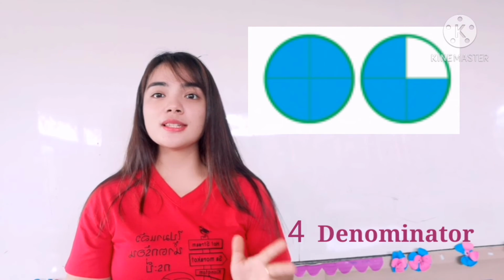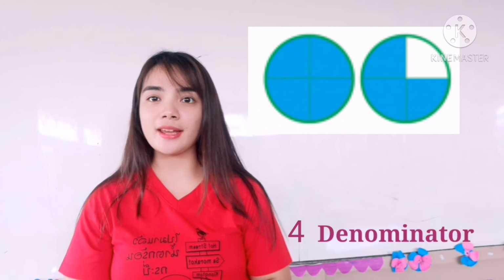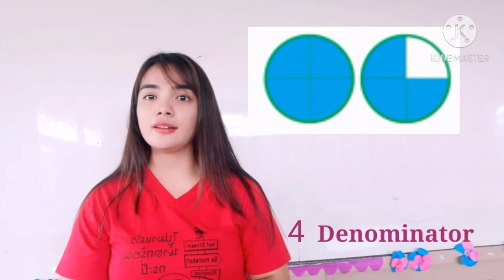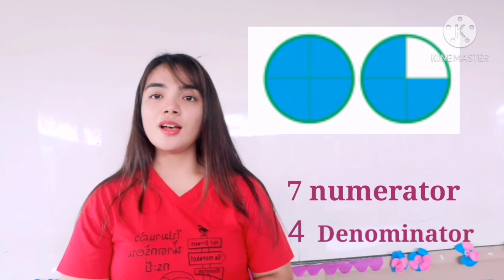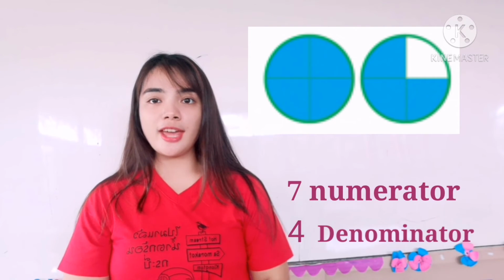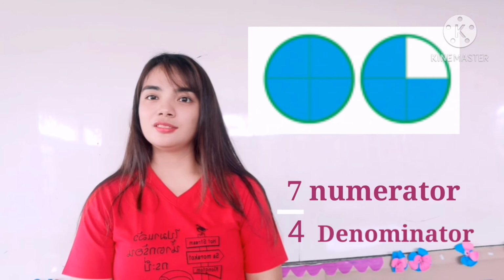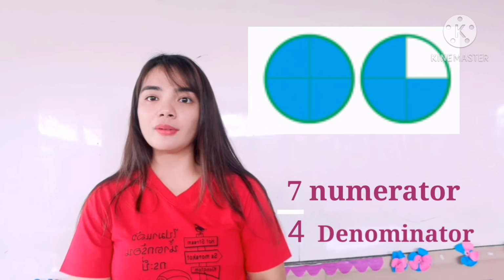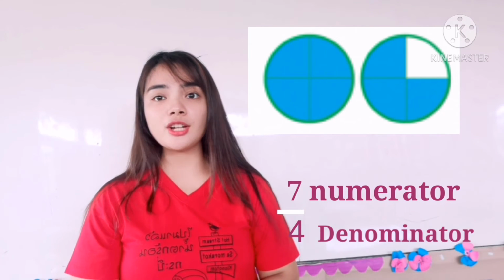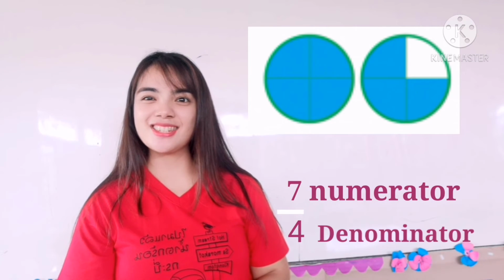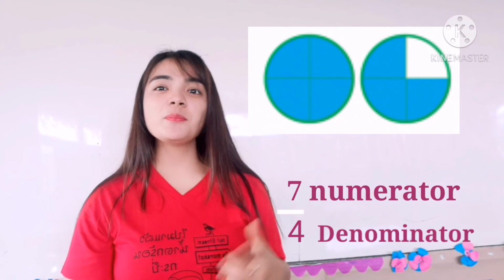Then, how many slices are being shaded in these 2 pies? So there are 7. So our fraction there is 7/4. So since our numerator has the higher value, what type of fraction could it be? So it is improper fraction.